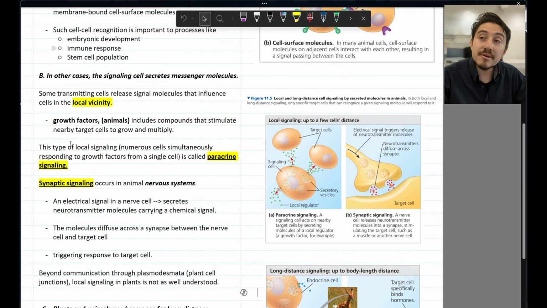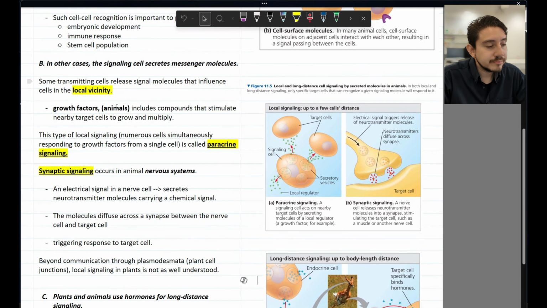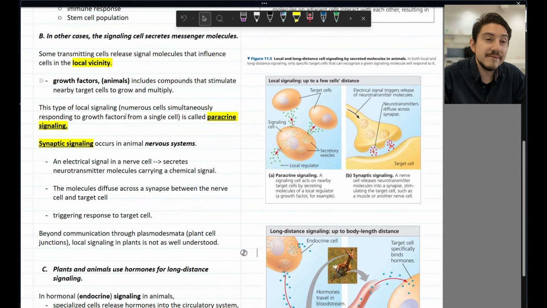Then you have other cases where a signaling cell secretes molecules in the vicinity. So it's a local area. Signaling cells can release molecules that influence the local vicinity, not too far.